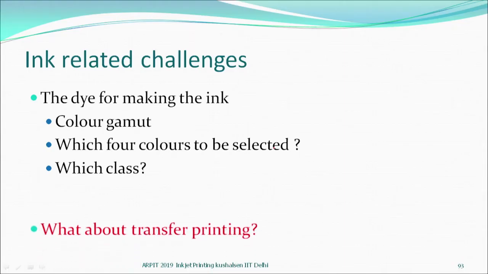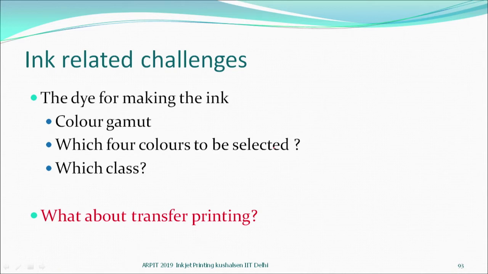So, the molecule for reactive will be different. The acid, the disperse, all of them are different molecules, but we want the same color. It is not going to be easy. So, it is a big challenge, and that is the reason why from 4 color people have started looking at 6 and 8 colors to have a correct, enlarged gamut.